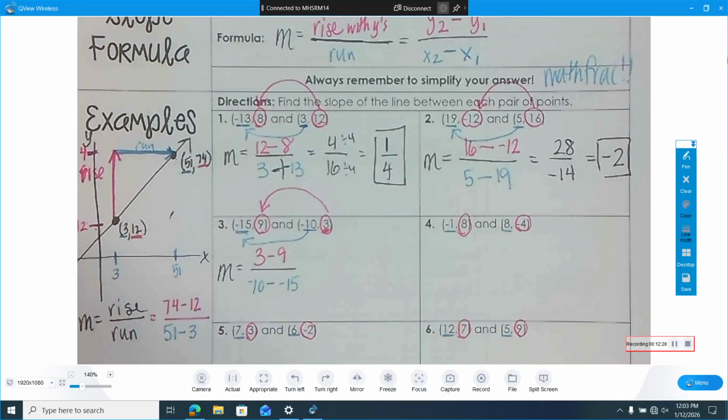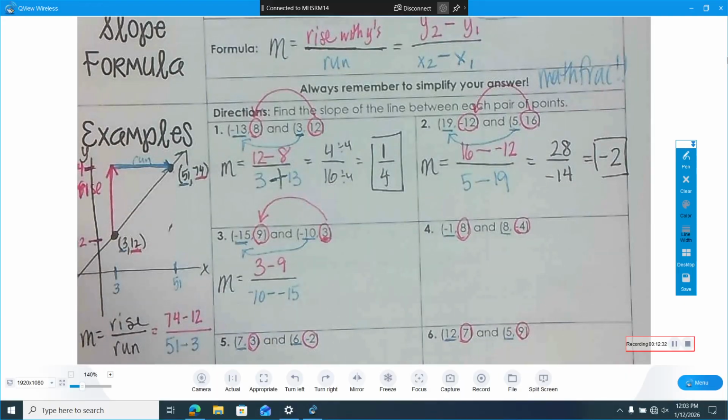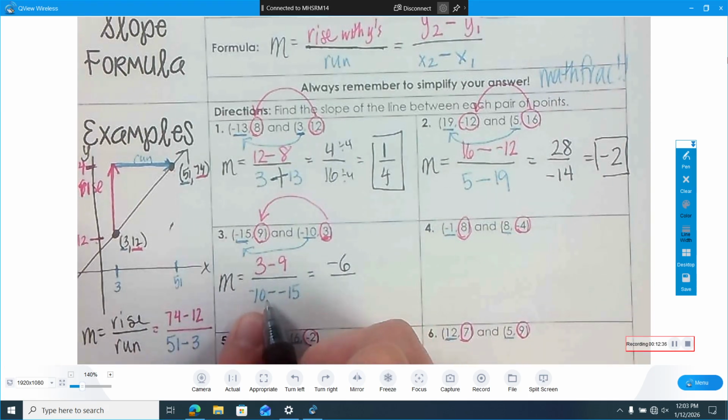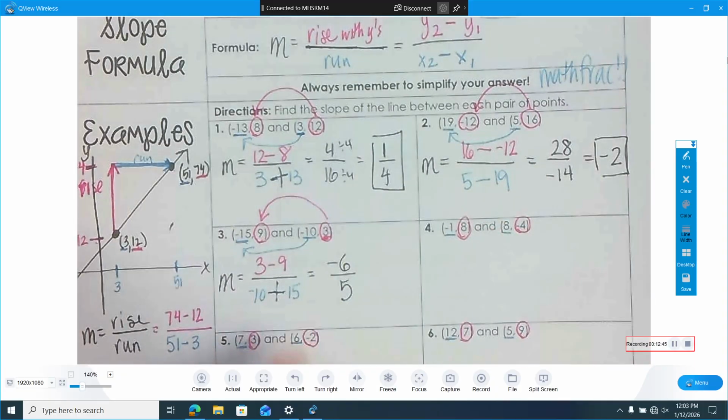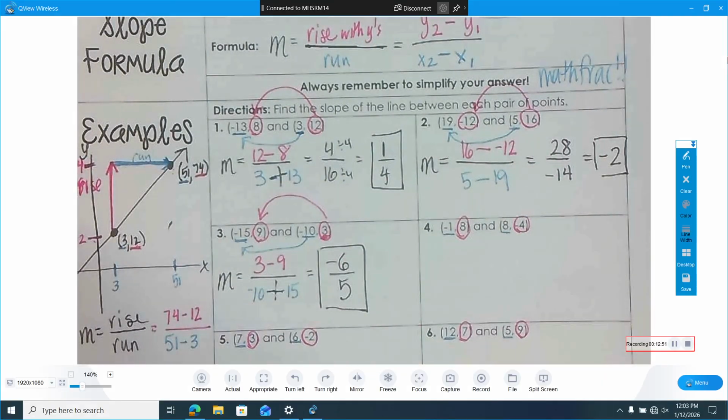Negative 10 minus the negative 15. On the top, 3 minus 9 is negative 6. On the bottom, minus a negative turns to a plus, so that becomes a negative 10 and a positive 15, which would be 5 wins there, a positive 5 wins. And this does not reduce. That is a perfect answer.